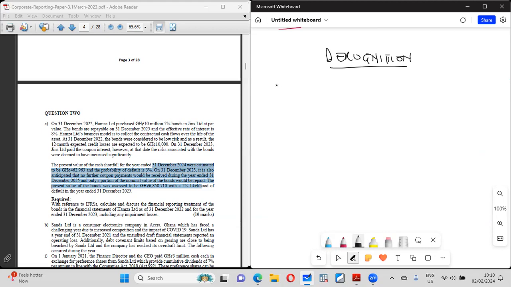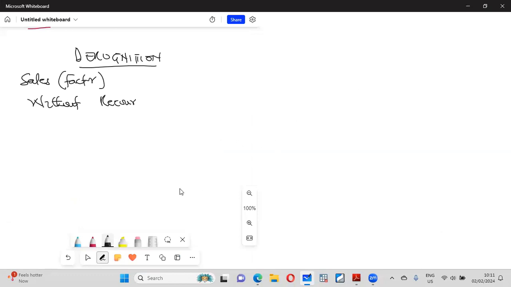So you are selling it. You are going to the factor. To sell it, you have to know with recourse and without recourse. So here I will do without recourse, and here I will put with recourse.